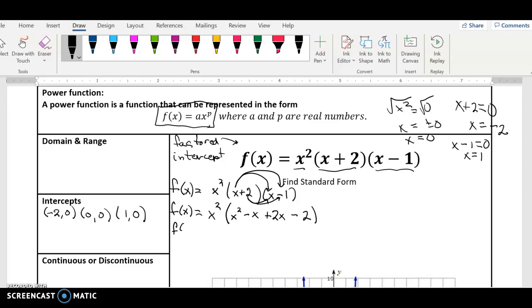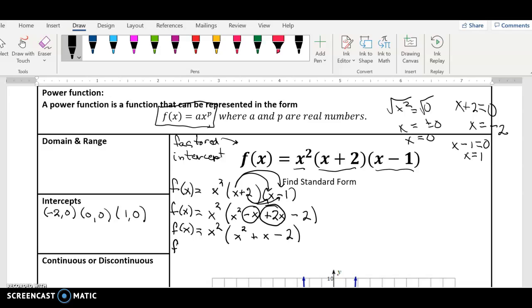So we have f of x equals x squared, which I'm saving for the end. I'm combining like terms inside my parentheses. A negative 1x and a positive 2x gives me positive 1x, or just plus x, minus 2.